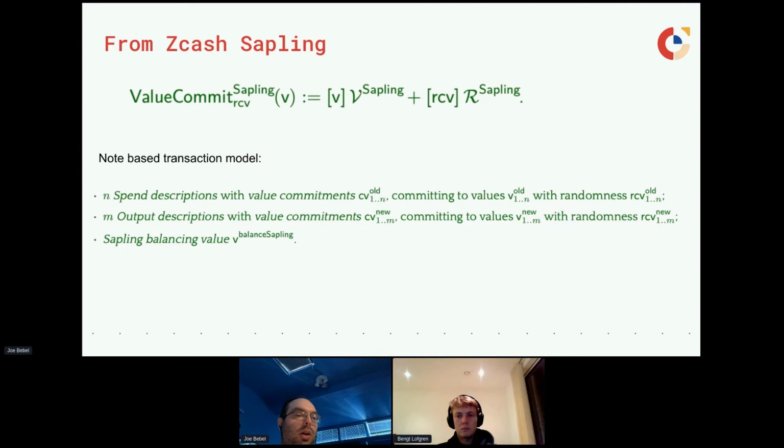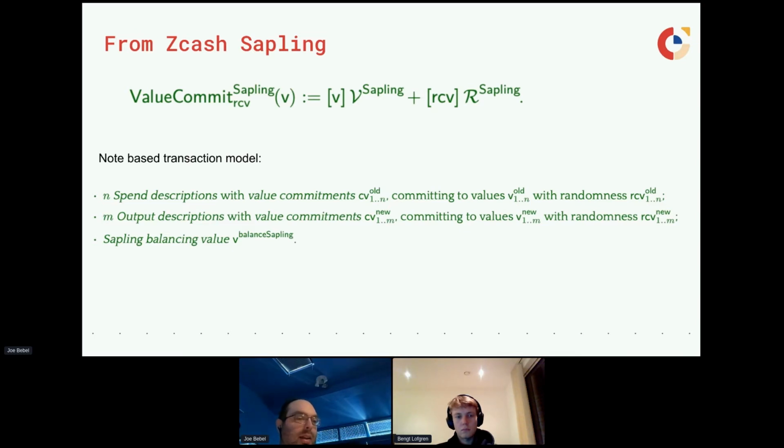And so a Sapling transaction, and again, you can find this in the Zcash protocol spec, looks like n spends of notes with value commitments CV old 1 through n, which again commit to specific values representing amounts of ZEC.